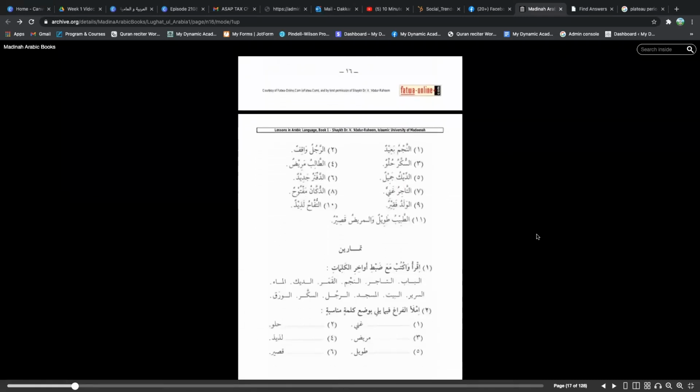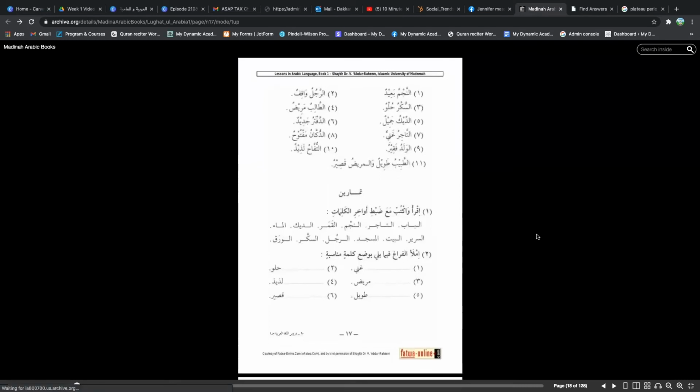Now, some more examples. An-najmu ba'idun. The star is far. Ar-rajulu waqifun. The man is standing. As-sukru hulwun. This is something we haven't gone over before. Hulwun means sweet, because you know sugar is sweet. As-sukru hulwun, the sugar is sweet.